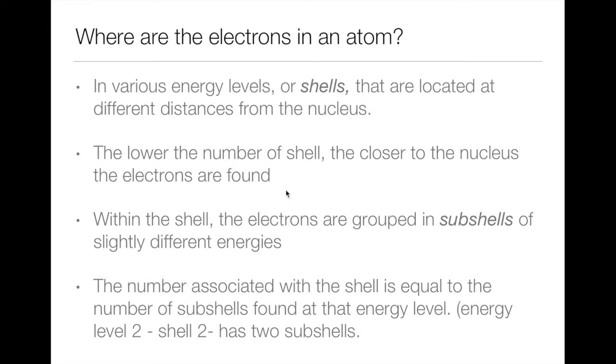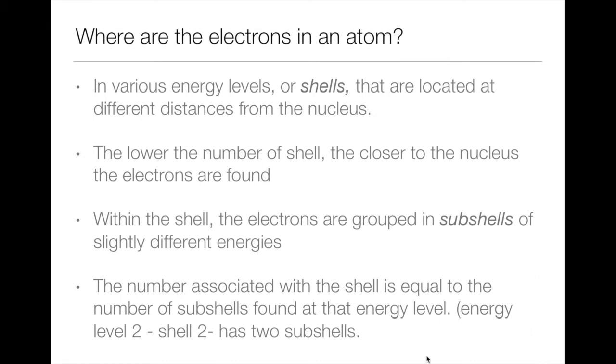The lower the number of the cell, the closer to the nucleus the electrons are found. So we start numbering the cells from the nucleus and below. Within the cell energy level, the electrons are grouped in subcells with slightly different energies. The number associated with the cell is equal to the number of subcells found at that energy level.